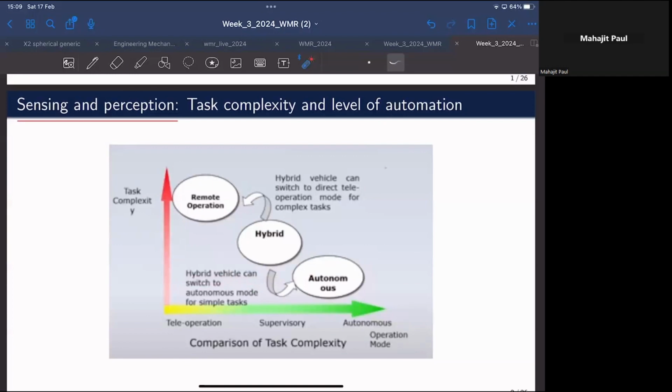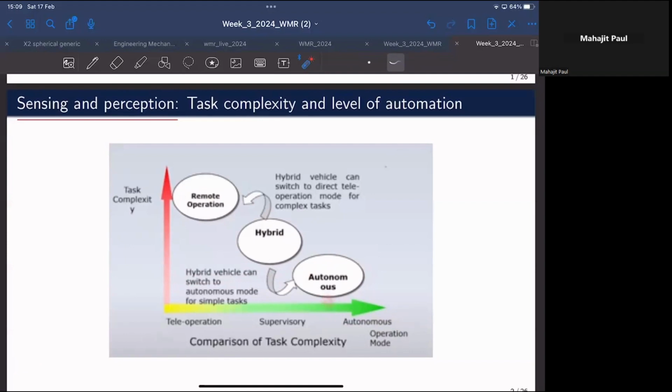Yes, the thing is that we still haven't reached a full level of maturity regarding sensors and actuators, because as you will see later in this lecture, sensors have some errors inbuilt, errors that we cannot fully model. Due to that, we cannot fully deploy on tasks that are fully complex, in the sense that we cannot deploy a fully autonomous robot that can replicate the complicated jobs a human being can do.